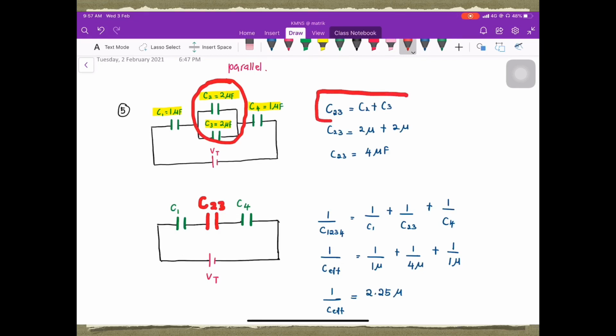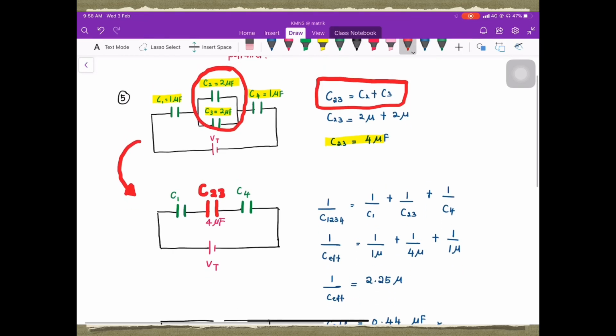By using the parallel equation, we get the value of C23 is 4 microfarad. So 4 microfarad. So we get a new diagram from here.